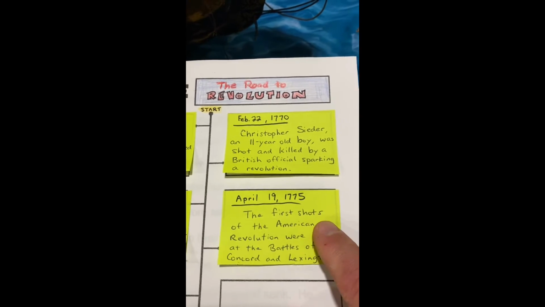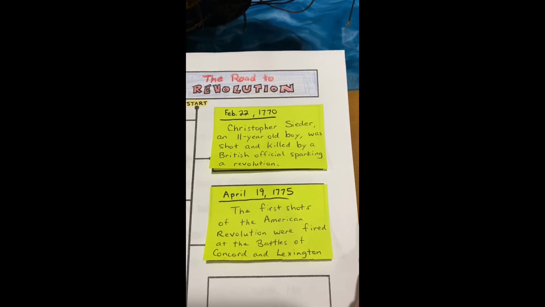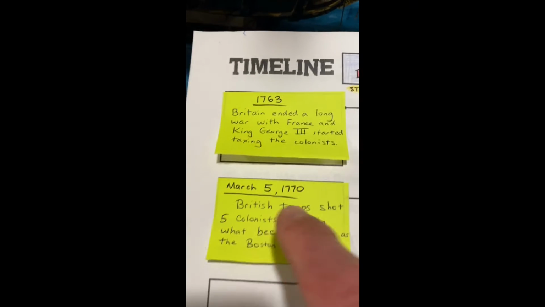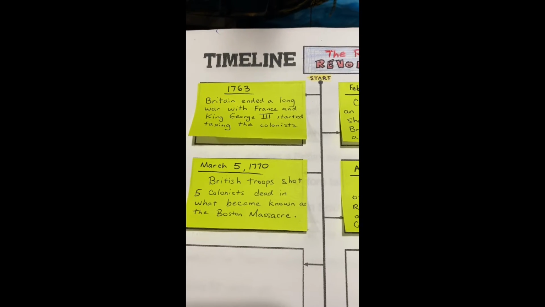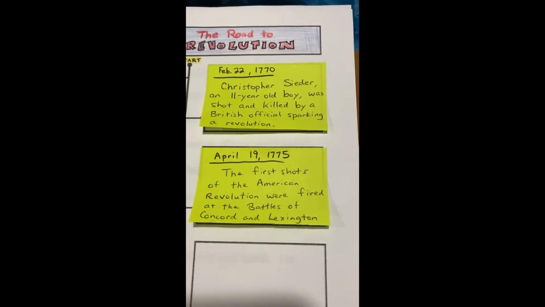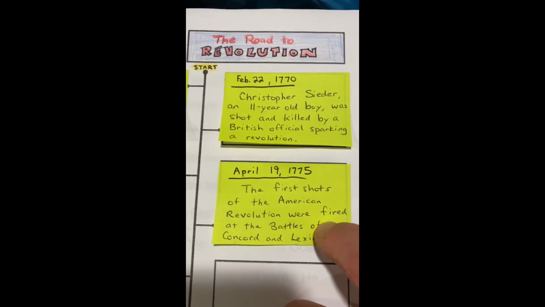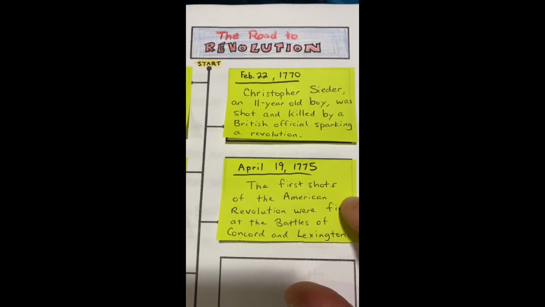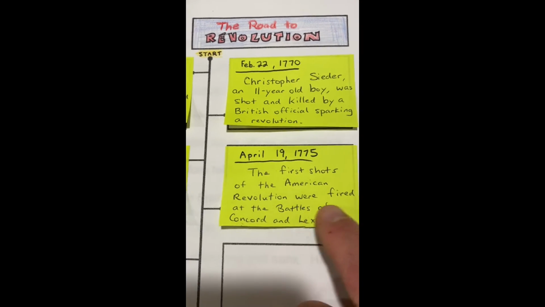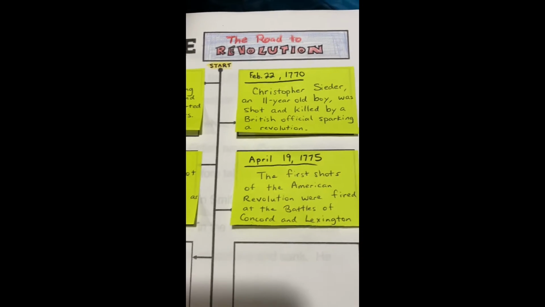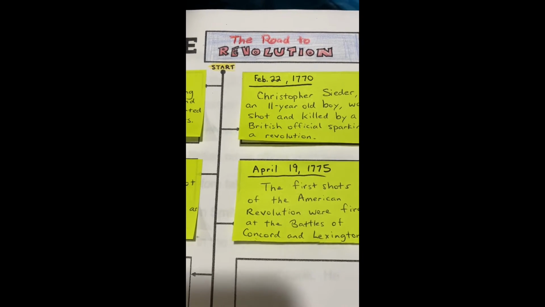And then in April 19, 1775, that's 5 years after these events that pretty much brought all the colonists to the point of wanting to be their own separate country and to be free from Britain. Finally, the first shots of the American Revolution were fired at the battles of Concord and Lexington. That was on April 19th of 1775.